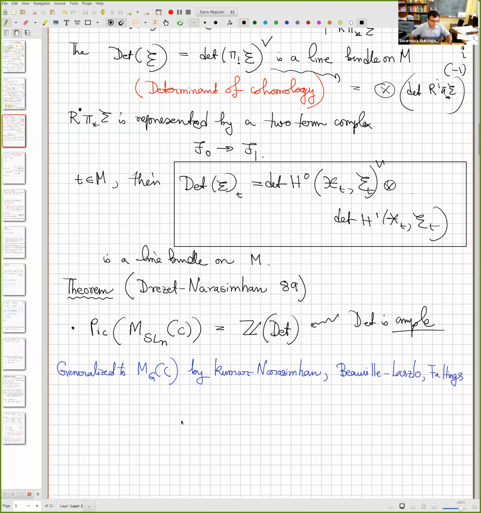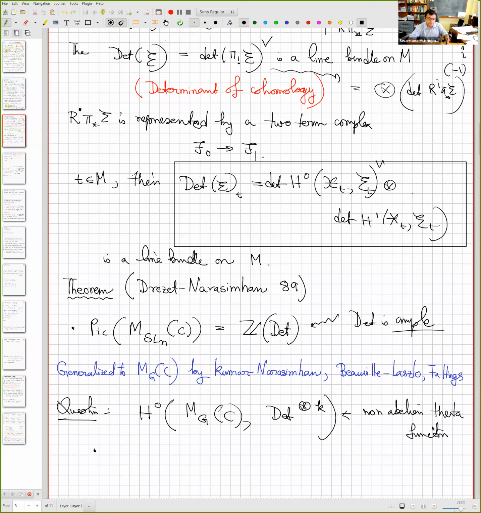Okay, so one can study the following question. If I take these determinant line bundles, call this det, and its powers, the spaces of sections are known as non-abelian theta functions.